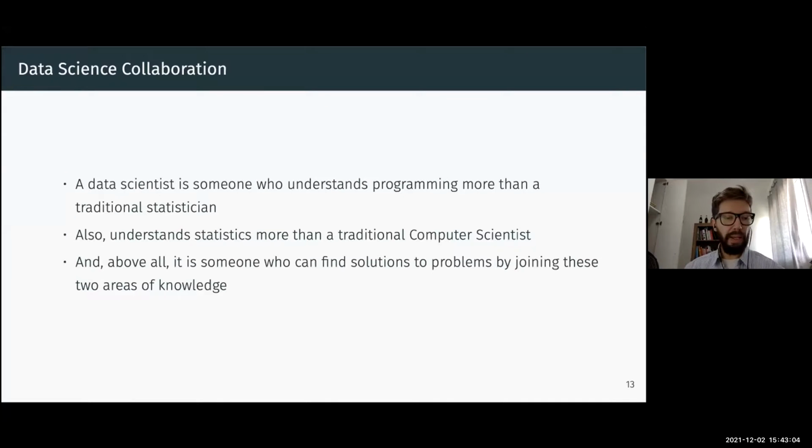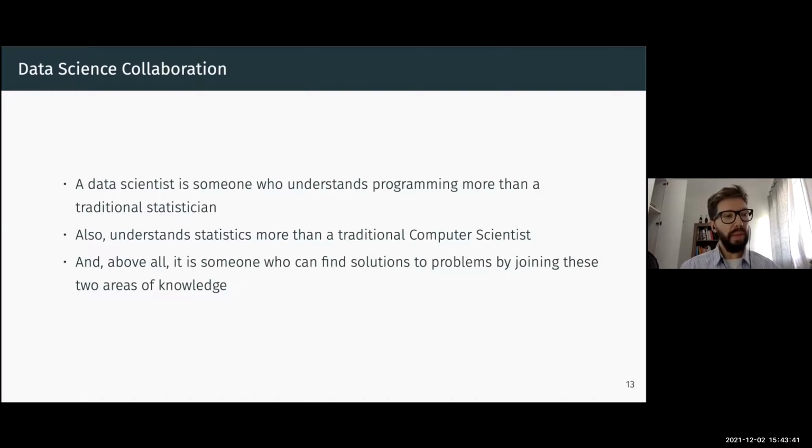So the data scientist in the end is someone who understands programming more than a traditional statistician. Usually statisticians are more used to being only a user of software. They don't write their own optimal code. So a data scientist has an edge compared to a statistician regarding programming.